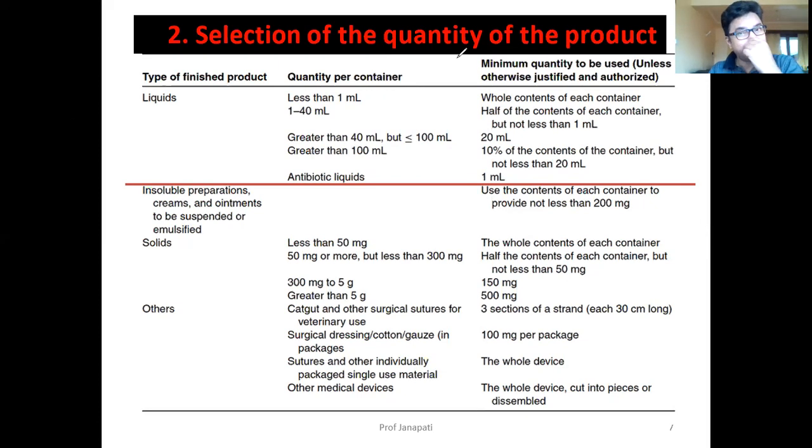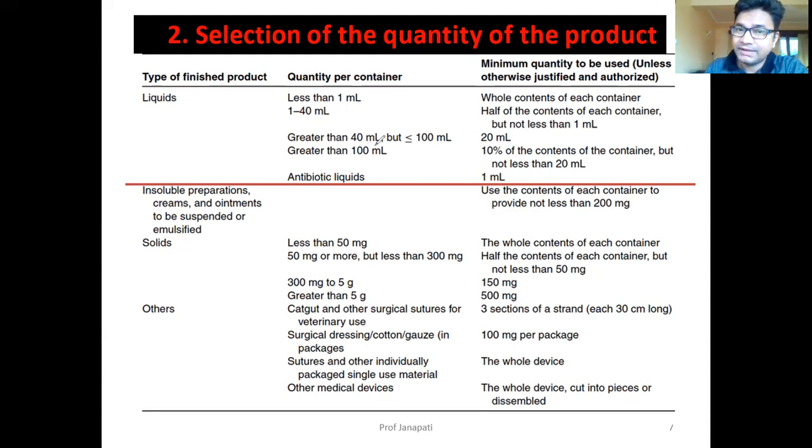So selection of the quantity of the product. If liquids are less than 1 ml, if the container has less than 1 ml, that means single dose containers, what we were discussing in the previous slide, the whole content, 1 ml entire, we need to use for the test. 1 to 40 ml, half of the container content can be used.